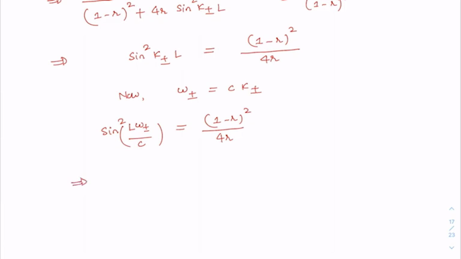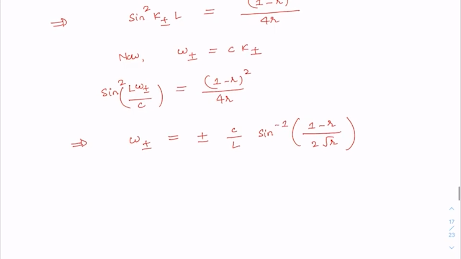And from here you can get omega plus minus, with some factor, but this is what you will get. It would be c by L sine inverse of 1 minus R divided by 2 into square root of R.